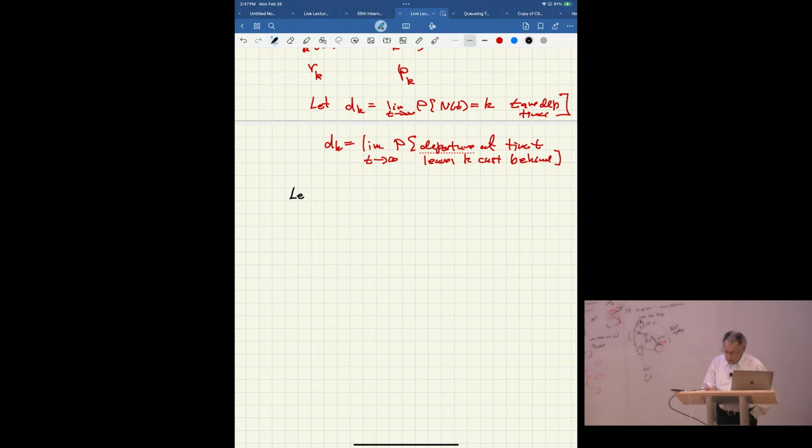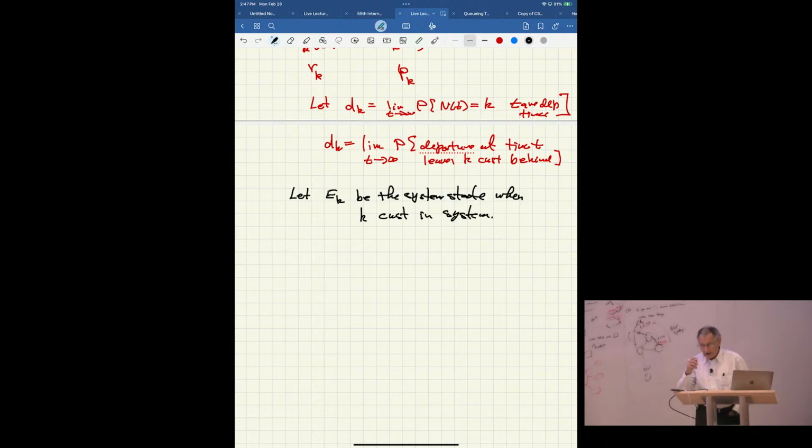As usual, let E sub k denote the system state when there are k customers in the system. It's a state that I'm going to jump around. When I hit state k, I say we're in state E_k.